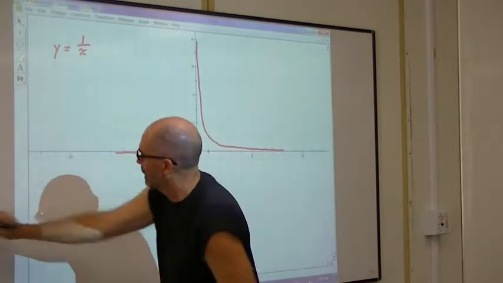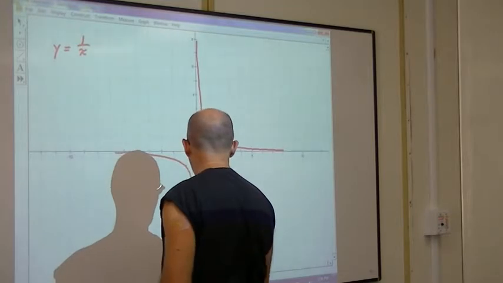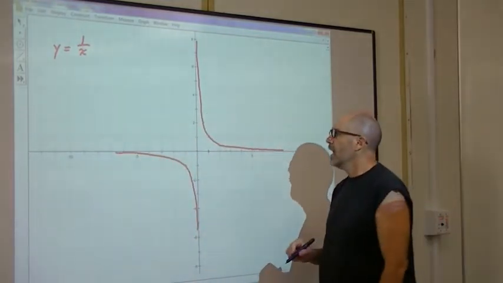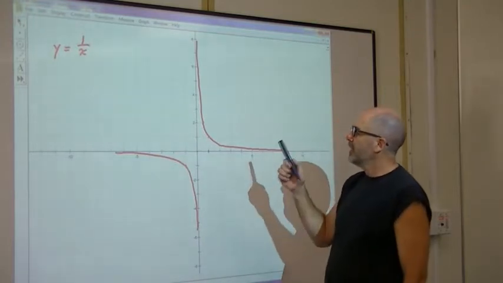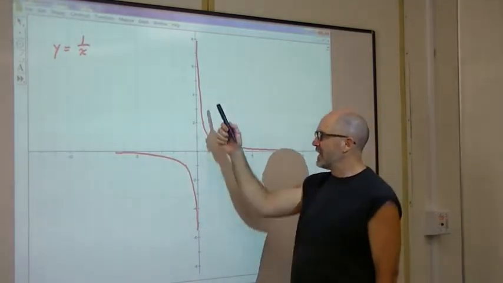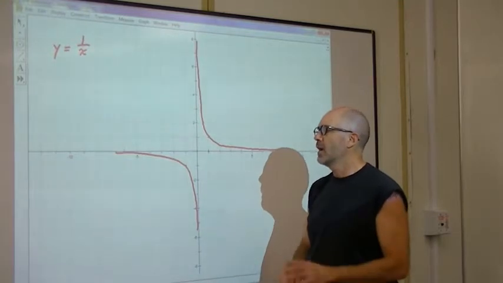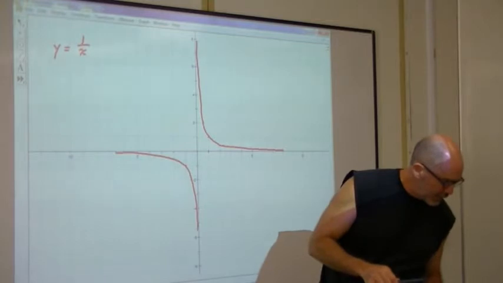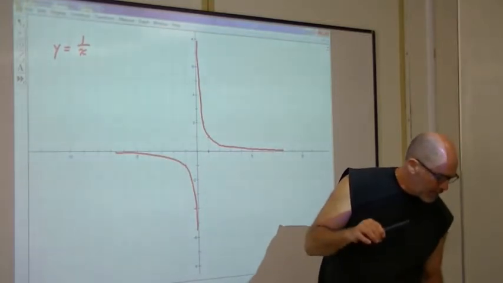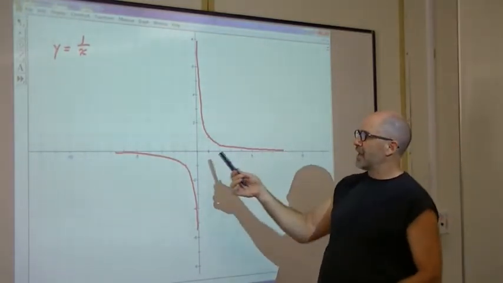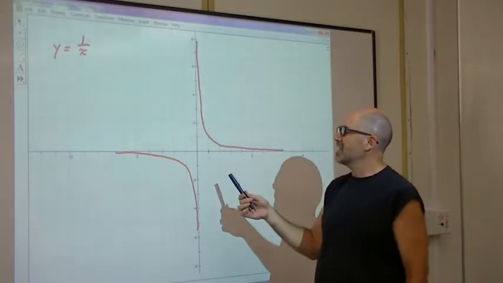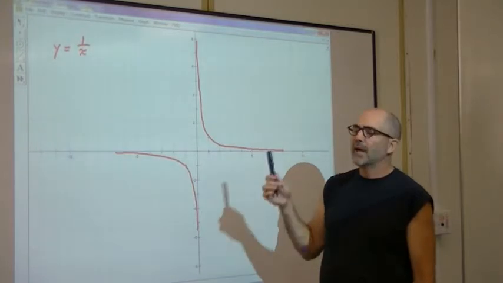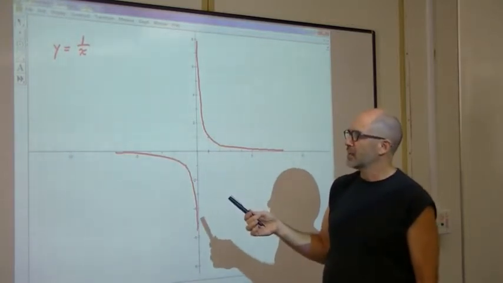There's my function. This is only discontinuous at x equals 0. So what we could say is it's continuous from the right of x equals 0, and it's continuous from the left of x equals 0. But it's just not continuous at x equals 0.